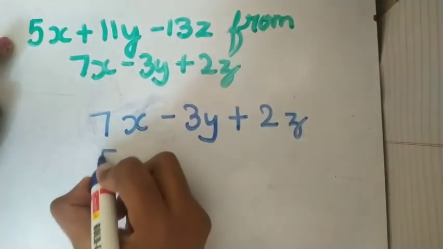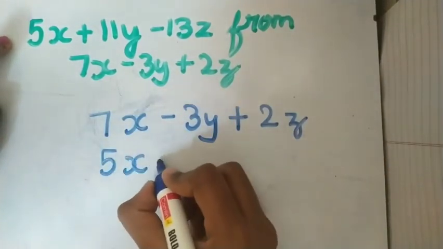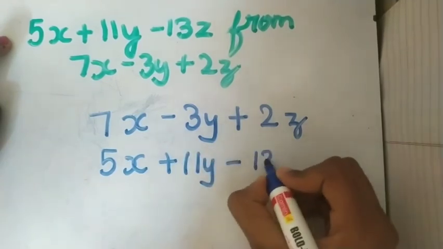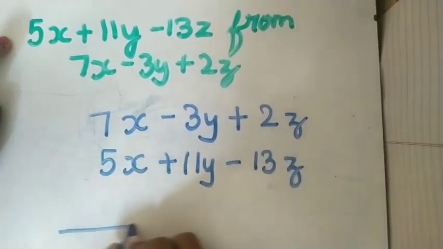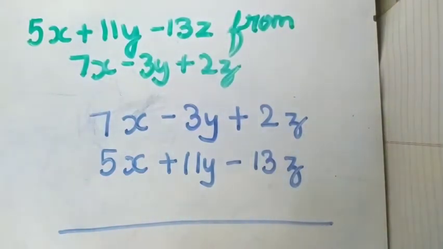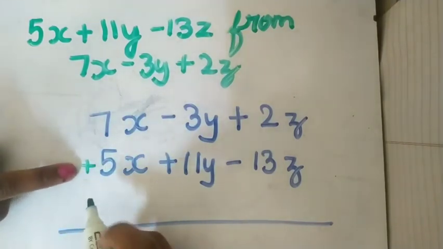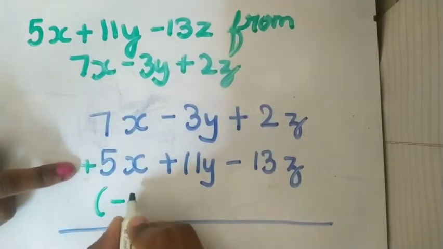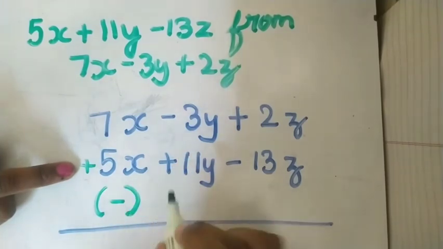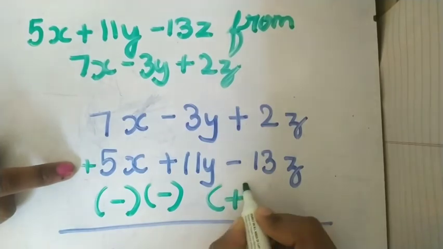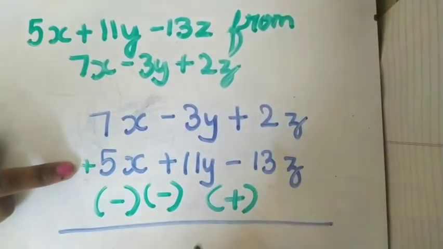Let's write this 5x plus 11y minus 13z. So now again we have to multiply these numbers by the subtraction symbol, plus here. So plus into minus is minus, plus into minus is again minus, and minus into plus is plus. Minus into minus is plus.